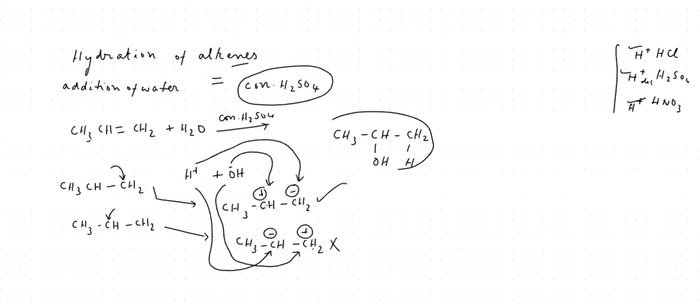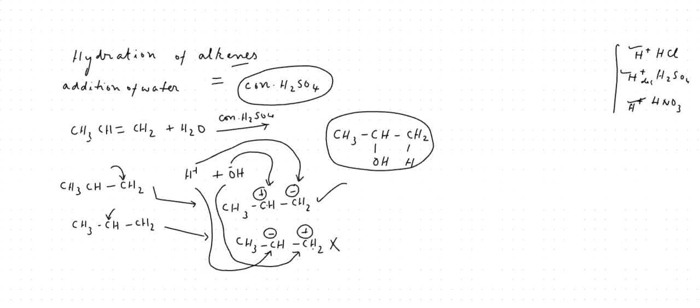So the product formed is this. This is called Markovnikov's rule. According to Markovnikov's rule, the proton from the water or from any other source goes to that carbon which has more hydrogen atoms.